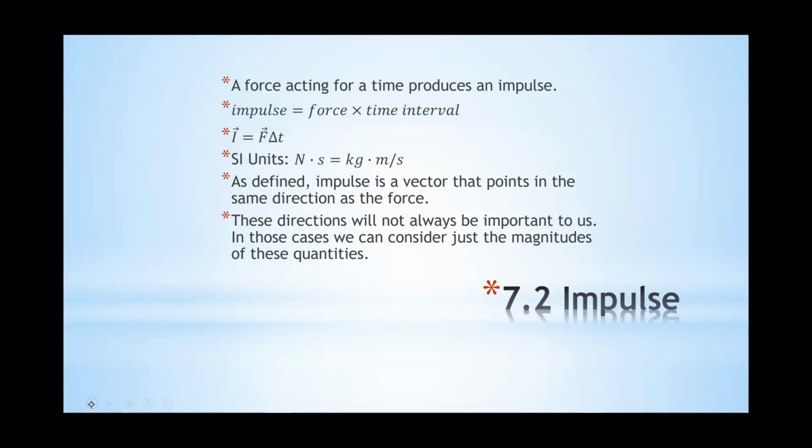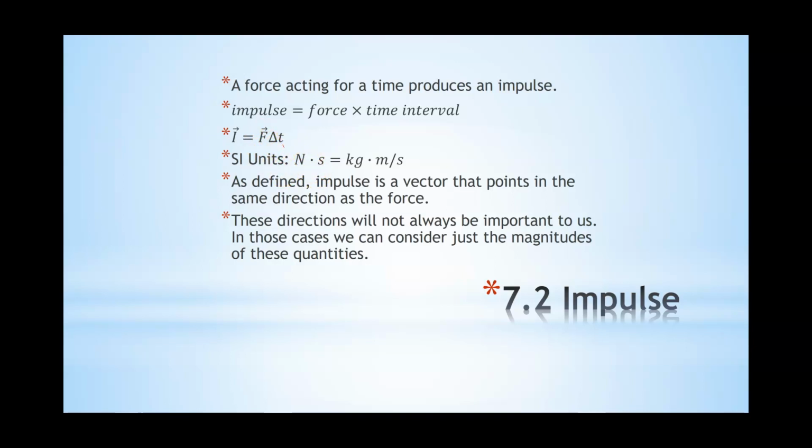We are looking at new units, technically speaking, but they're not any different than what we talked about before. So if we take what we see here in the equation, we have force, we have time. When you take the two units that come with that, we get newtons and seconds. And when you multiply them together, you get newton seconds.